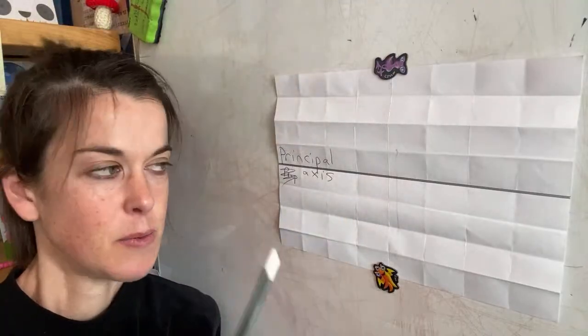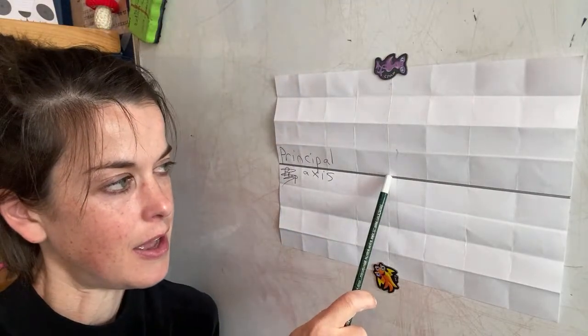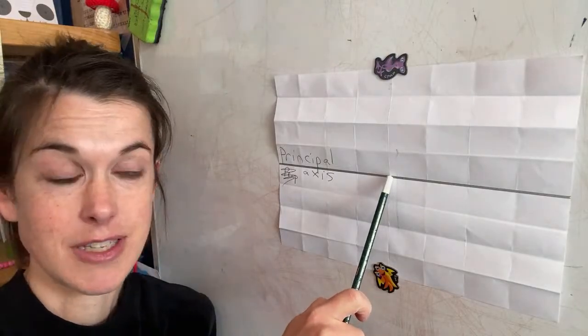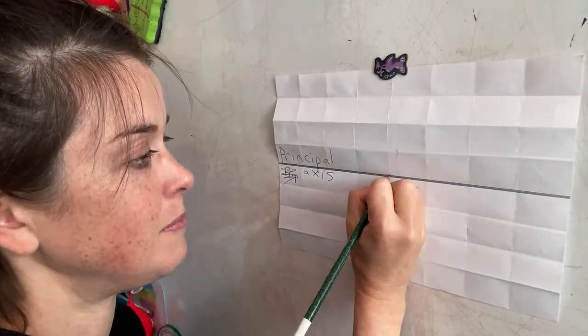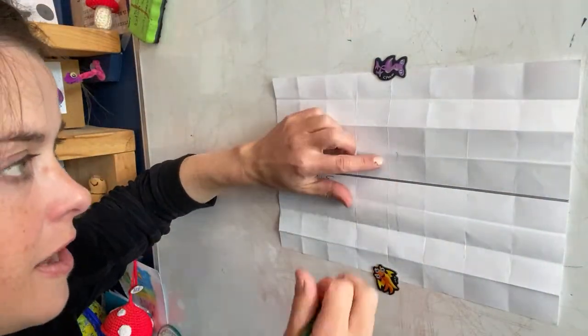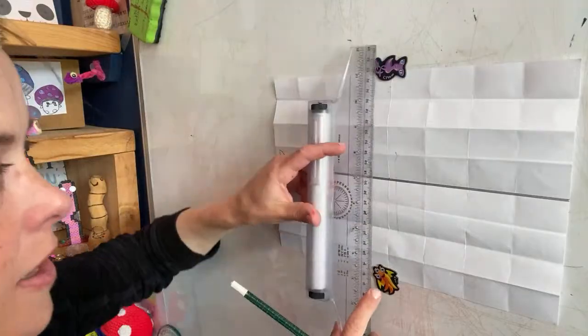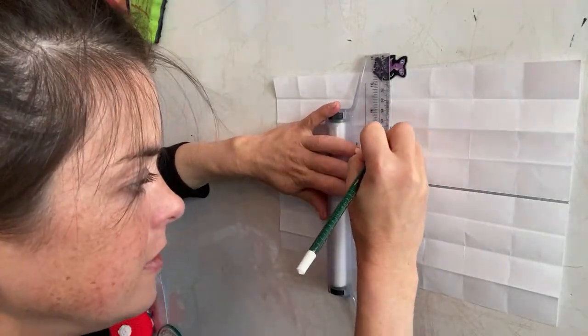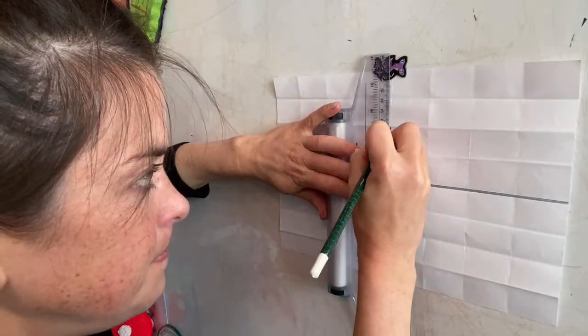That's the principal axis. We will draw our convex or converging lens right in the middle. Let's make it 2 squares high on either side of the principal axis. So 4 squares long altogether. So I'm just going to draw a straight line actually.